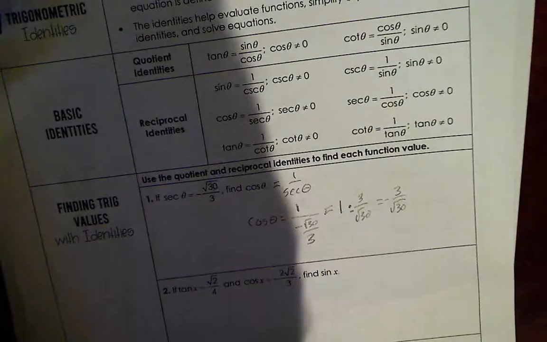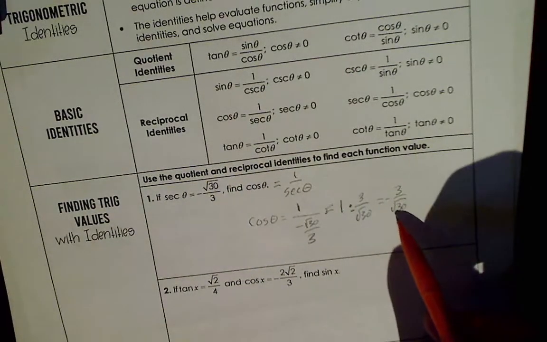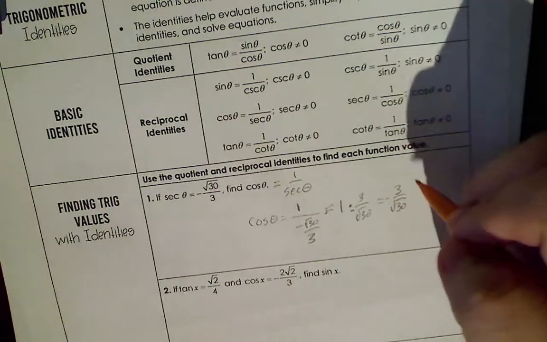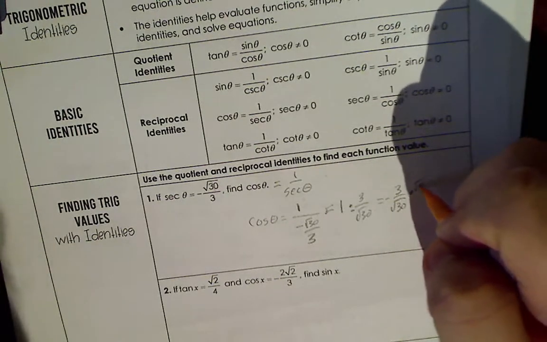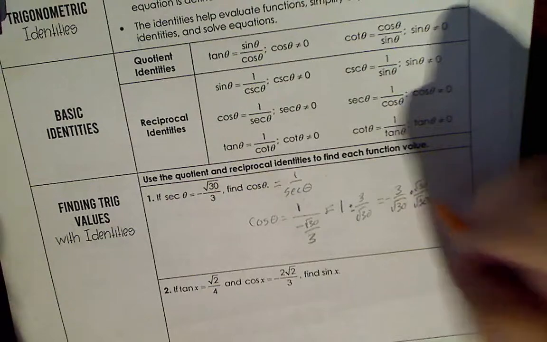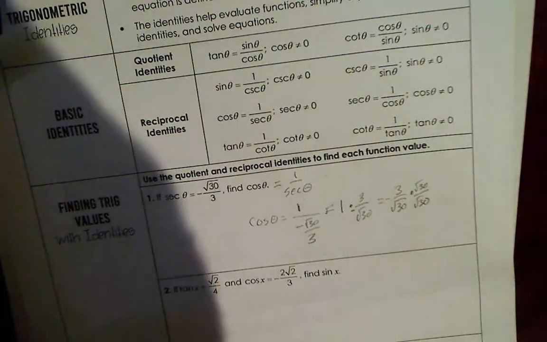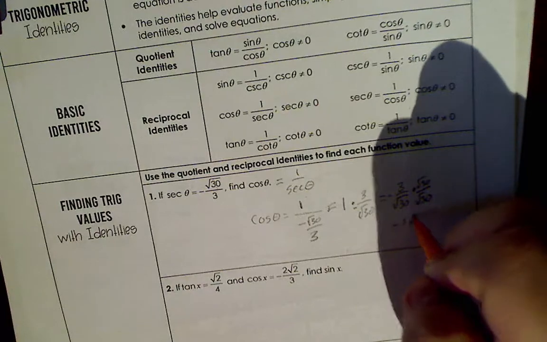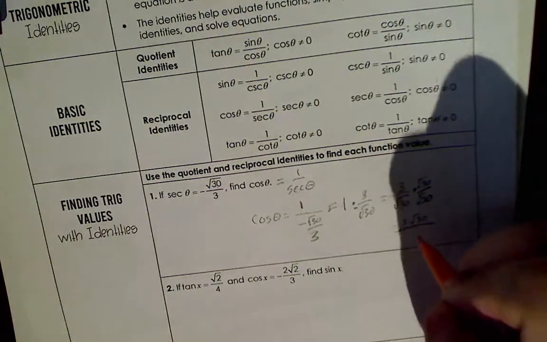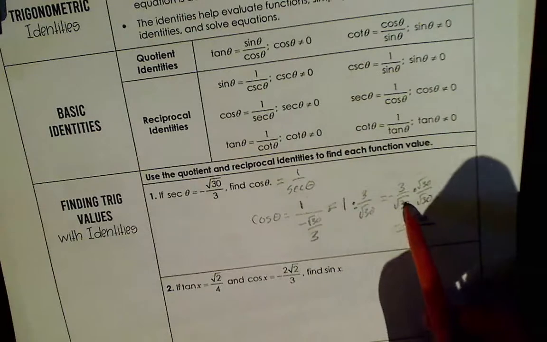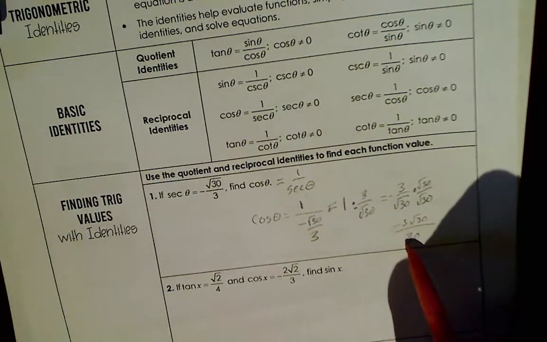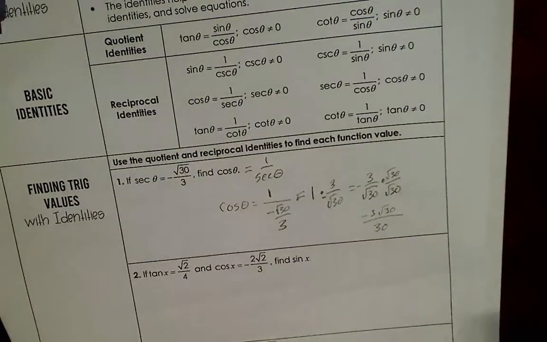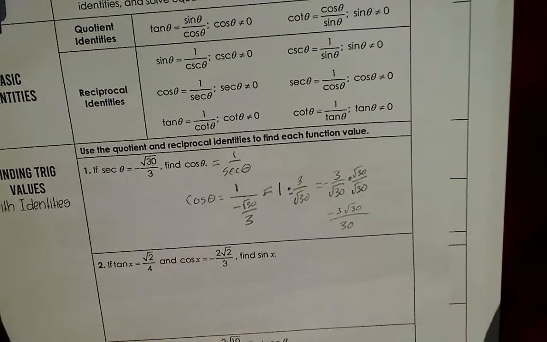Now, here's the problem with that: you can't leave a root or a radical in the denominator. So we have to rationalize it by multiplying root 30 to top and bottom. Okay. And when we do that, we get negative 3 root 30 over 30. So root 30 times root 30 is just going to be 30. And if you're not sure, use your calculator, plug it in.